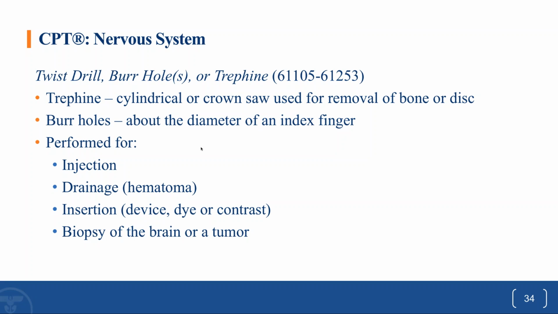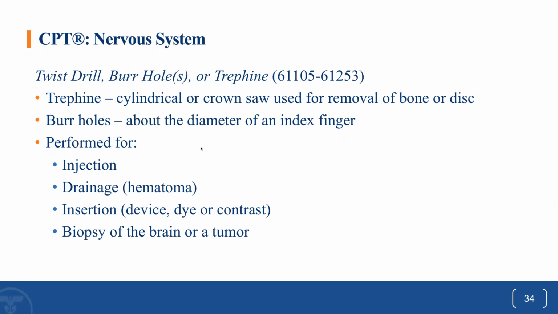And then CPT code 61154, where it says burr holes. And basically, a twist drill hole and a burr hole is an actual drill that's used to go into the skull.